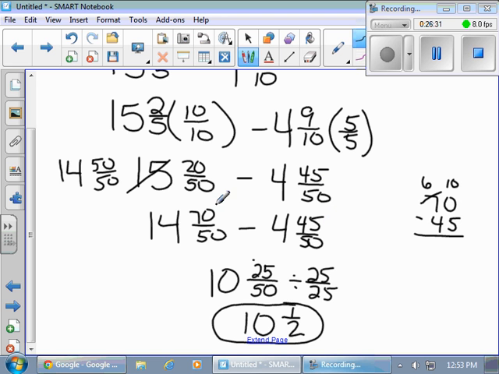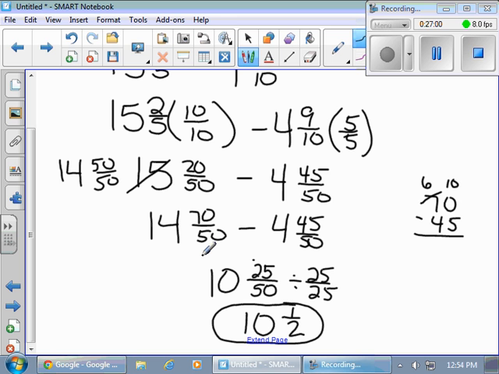Alright, now, we could not subtract 20, subtract 45. So I had to borrow. So I made my 15 look like 14 and 50 over 50, because that actually equals 15. But I already had 20 more pieces. So that made me 14 with 70 over 50. Okay? Then I was able to subtract.